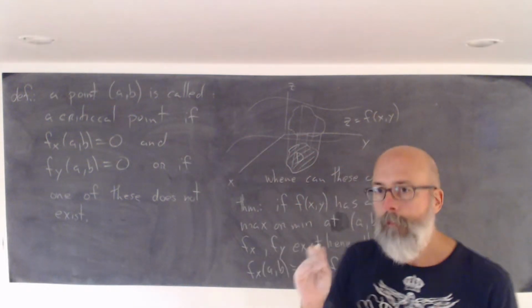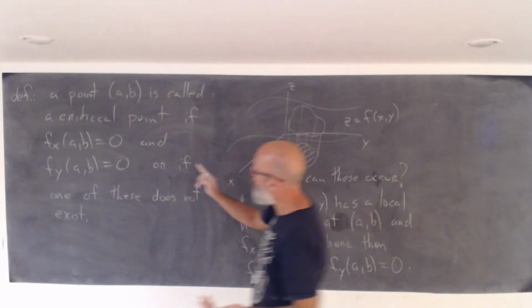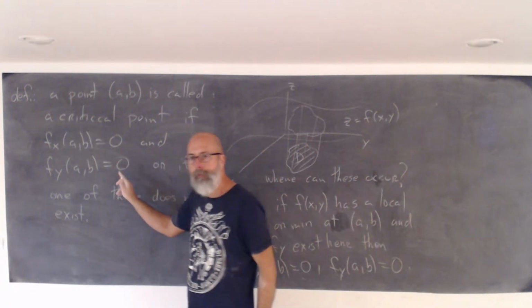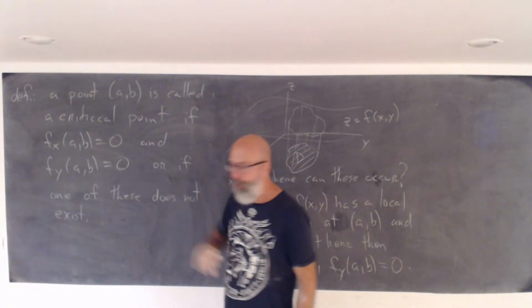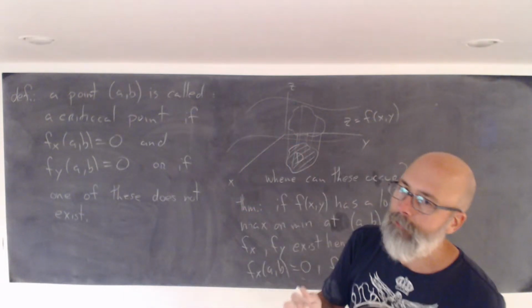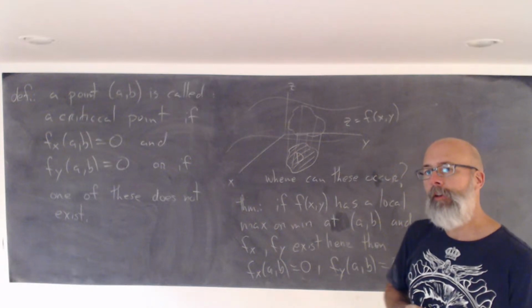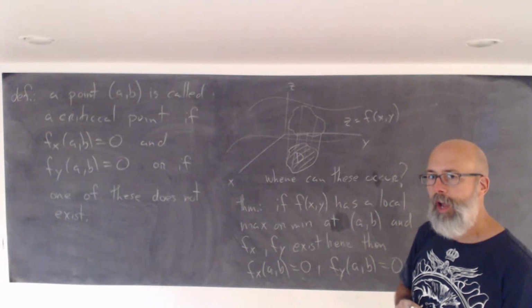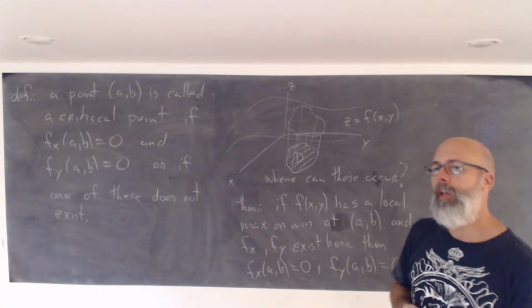Some books make a distinction. They say a critical point is where the derivative is 0 and a point where the derivative does not exist is called a singular point. So be on the lookout for that. If you're using a different book than ours, the definitions might not totally agree here.